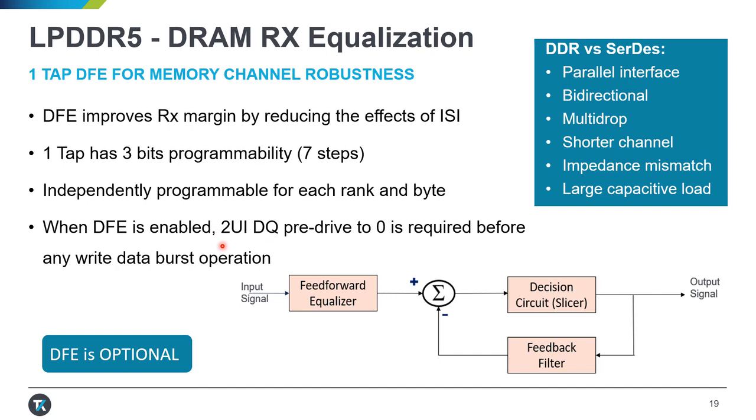Now, this is typically done to precondition the DFE circuit. For LP5, DFE is optional. So depending on the channel characteristics, one might not even need to enable DFE, even at max data rate of say 6400 megabits per second. But for LPDDR5X, which is supposed to go all the way to 8400 megabits per second, it might become mandatory. So watch out for this in future.